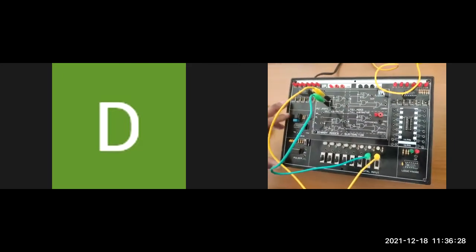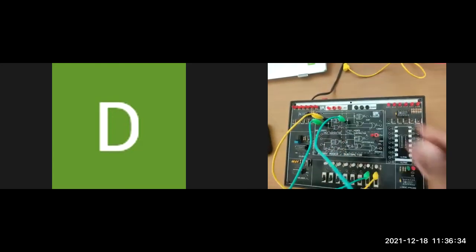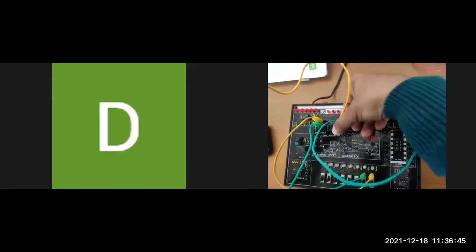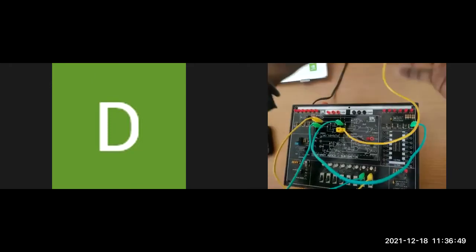Now the output, which means sum and carry. This sum is connected with this digital output, and for the carry, this carry is also connected with this digital output.